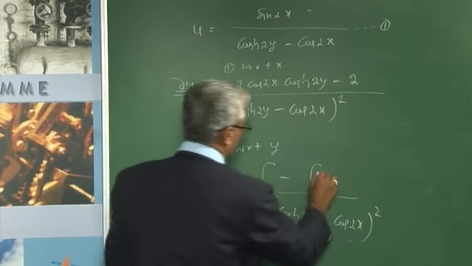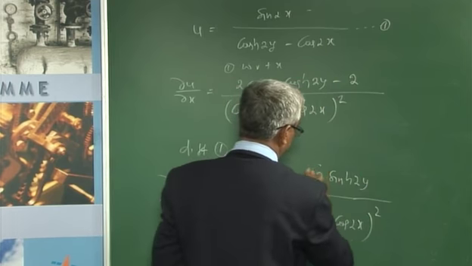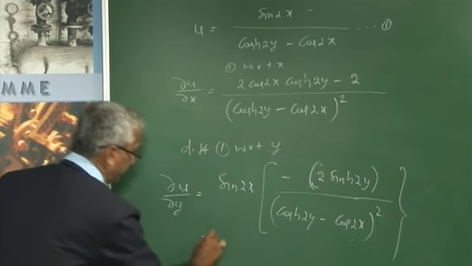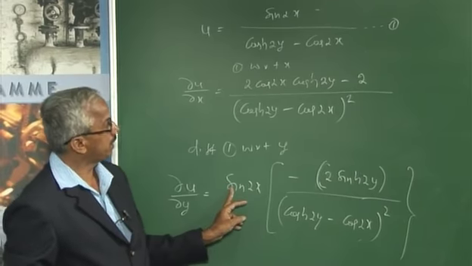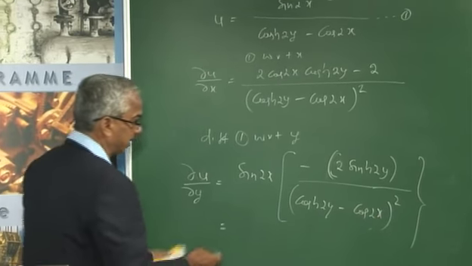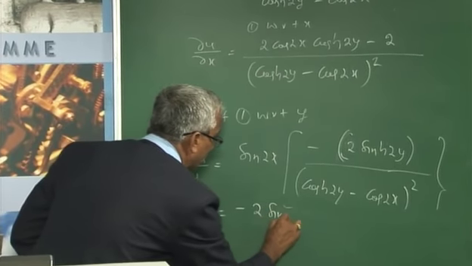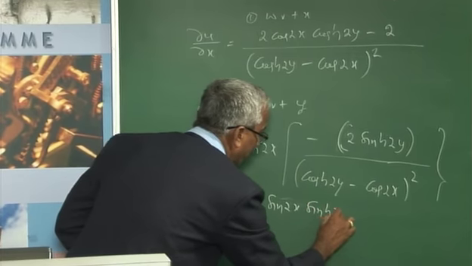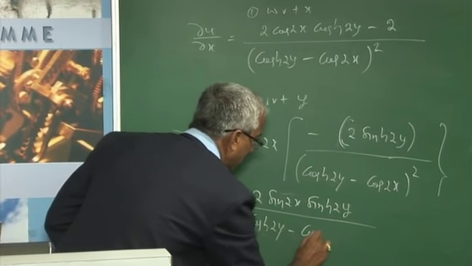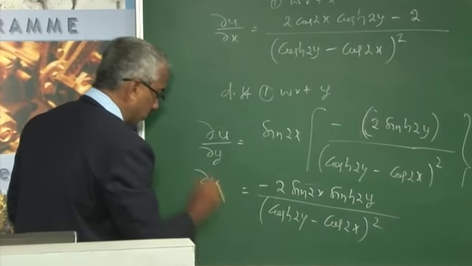So dou u by dou y is sin 2x, which is constant, times minus 1 over (cosh 2y minus cos 2x) whole squared, times the derivative of the denominator, which is 2 sinh 2y; the derivative of cos 2x with respect to y is 0. So, dou u by dou y is minus 2 sin 2x sinh 2y divided by (cosh 2y minus cos 2x) whole squared.